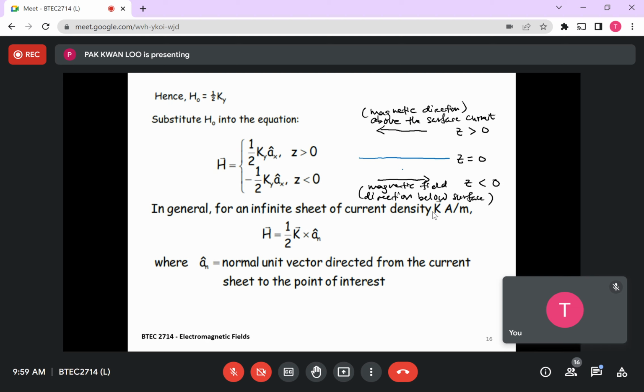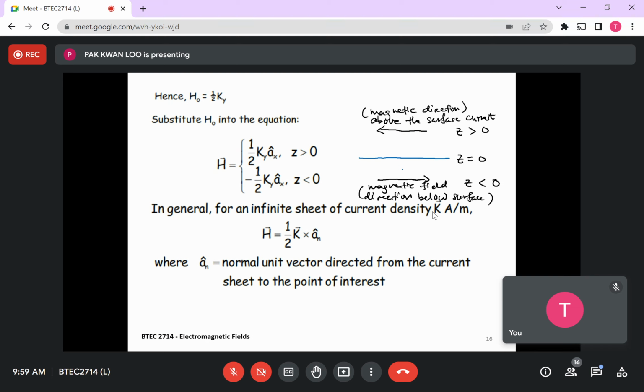But we have to be aware, as I already told you, that regardless of how the charge or current distribution is, the dimension is always finite. What justifies the infinite is the point of observation. So when they say everywhere above the surface current is the same, it's not quite correct. It's actually at the proximity of the surface current, that means close to the surface current, everywhere is the same.